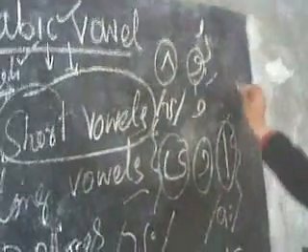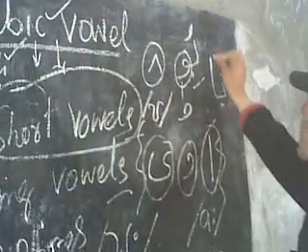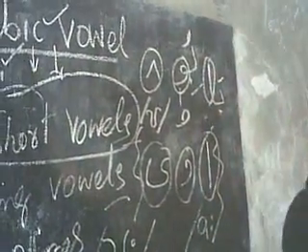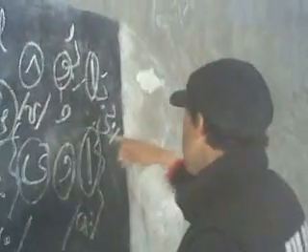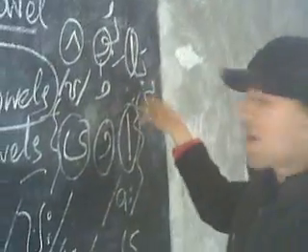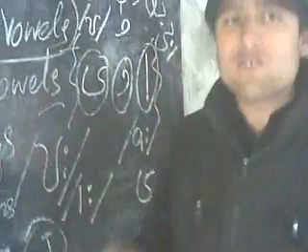And if I write ba zir ya, this is a long vowel. But here, if waw and ya are followed by zabar, by fatha, we call this a diphthong. There is a slight glide there.